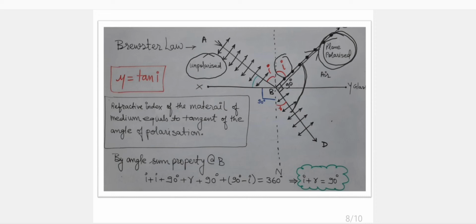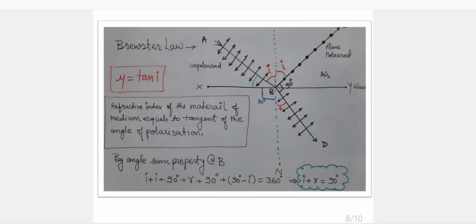The condition is only that the light observed over here is plane polarized, and the angle between the refracted light and reflected light is 90 degrees. In that case Brewster law is applicable, and the refractive index of the medium from which it is reflected and refracted can be related as mu equals tan I.